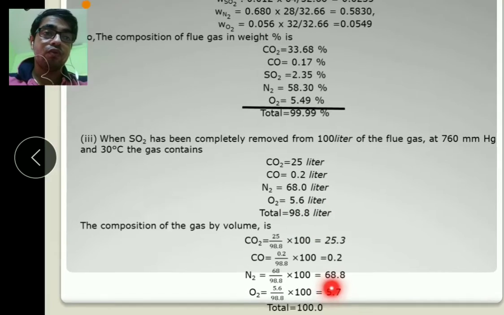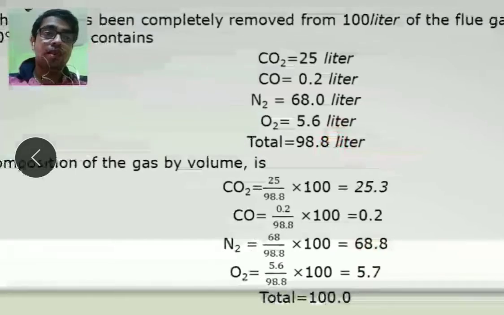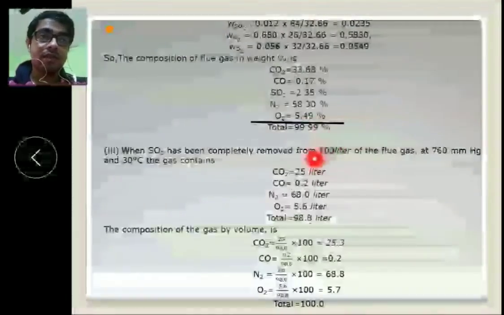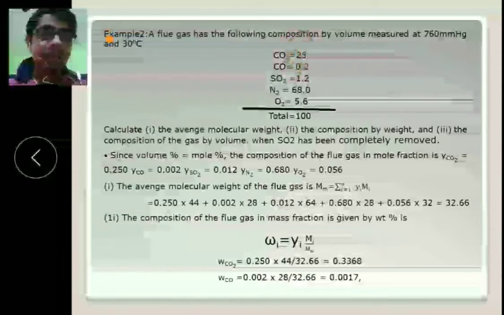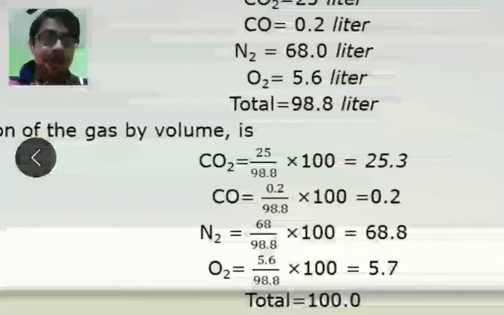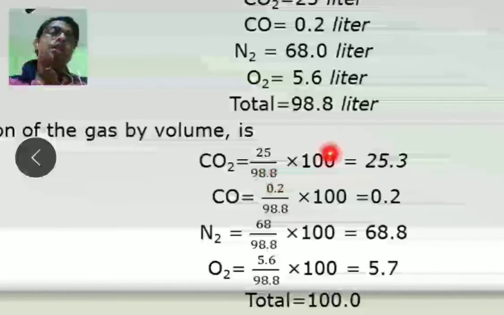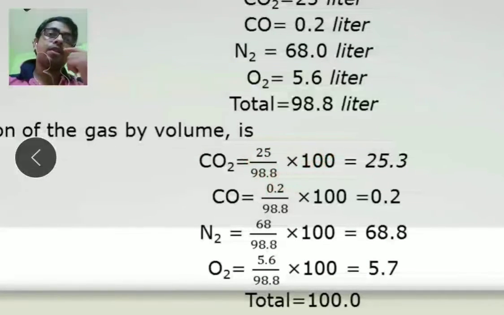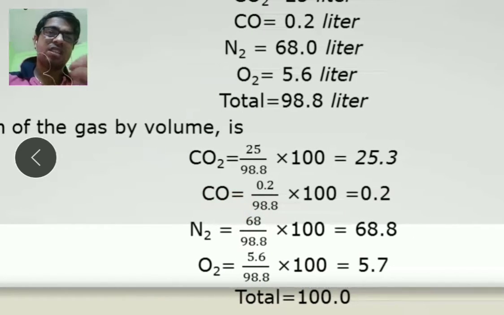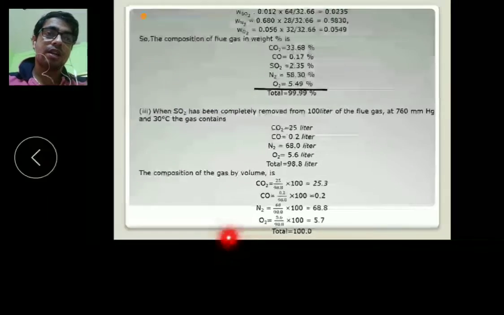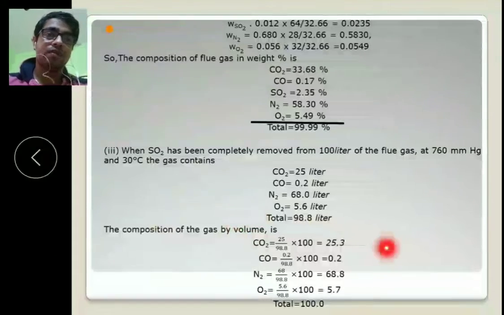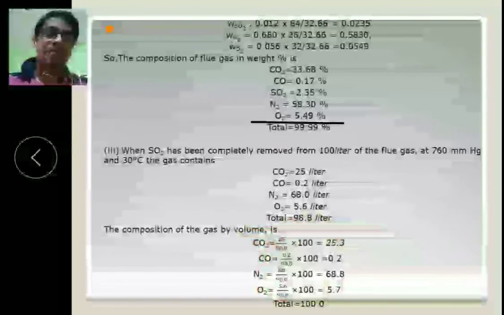So we have to multiply all the fractions by 100 by 98.8, because as the sulfur is removed, all the percentages will increase a little bit. For carbon dioxide we find 25.5%, carbon monoxide 0.2%, nitrogen 68.8, and oxygen 5.7, total is 100. So after removing sulfur dioxide, we find this percentage in volume.